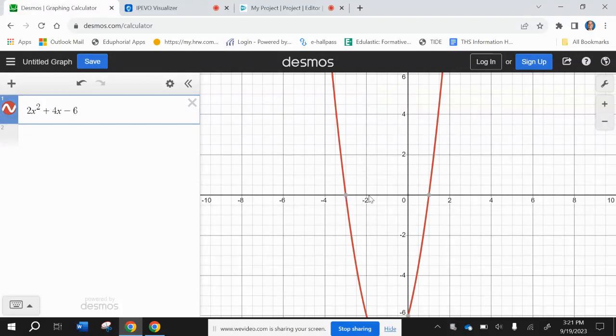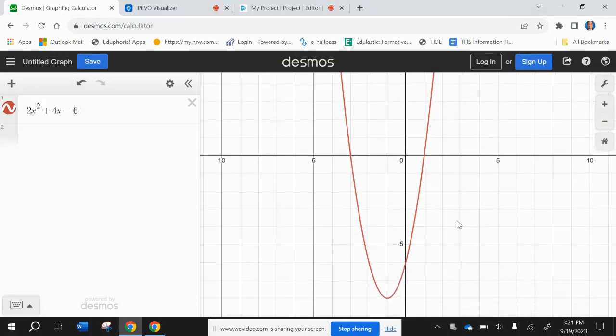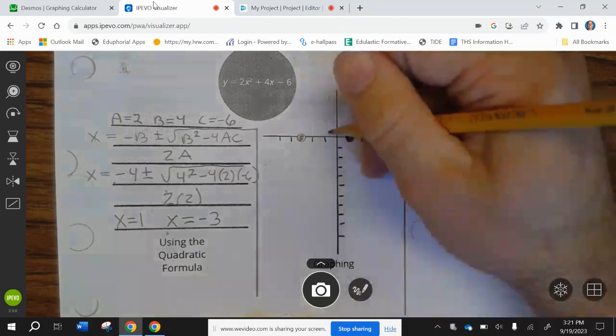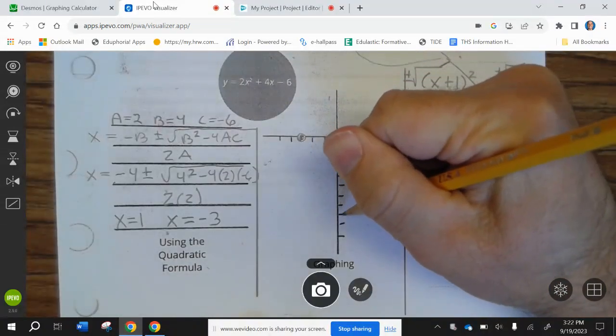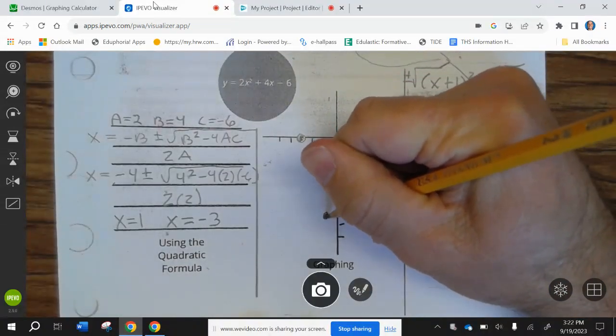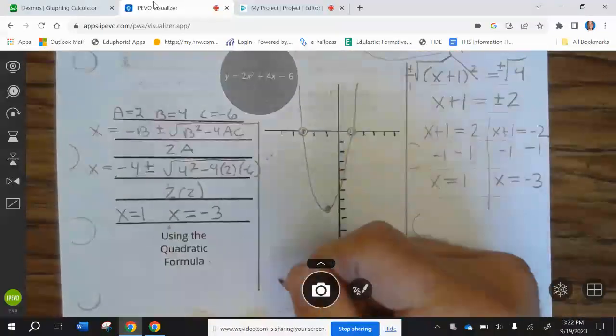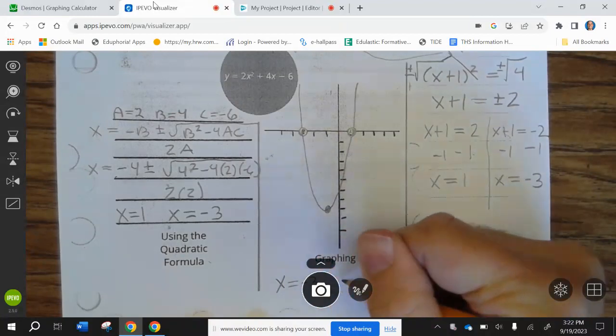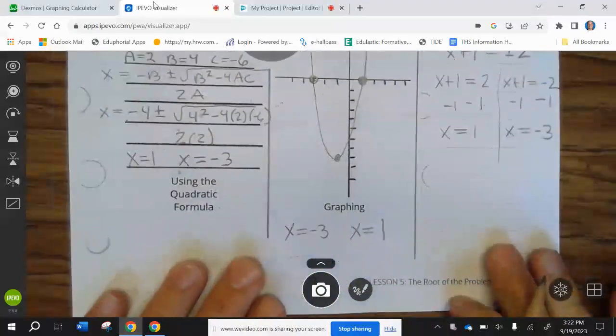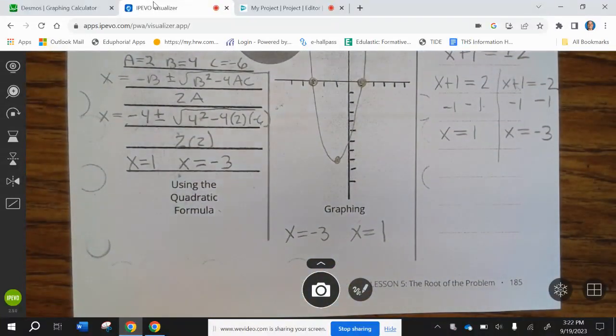Here are our zeros, so let's graph those first: negative 3 and positive 1. Then we just need one more point, probably the vertex, negative 1, negative 8. So negative 1, 1, 2, 3, 4, 5, 6, 7, 8. There's our parabola. So x equals negative 3 and x equals 1. All right, go ahead and finish that up.